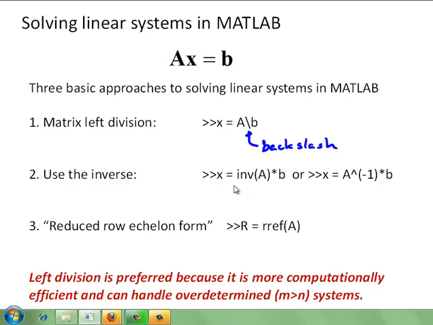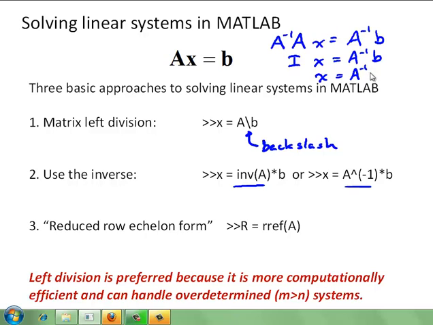Or we can use the matrix inverse in either way. Note, if we have Ax equals B, we can simply multiply both sides by the inverse, or Ix equals A inverse B, but since that's the identity matrix, that's just x is equal to the inverse of A times B. So we can use that to solve for x.